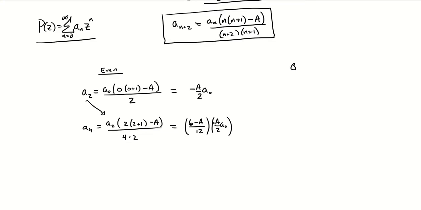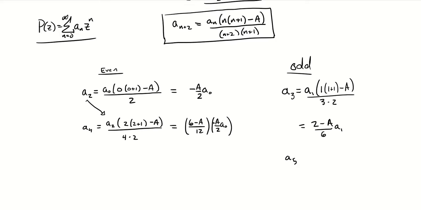Looking at the odd terms in this series, a sub 3 is going to be equal to a sub 1 times (1 times 2 minus a) all over 3 times 2, which simplifies to (2 minus a) over 6 times a1.